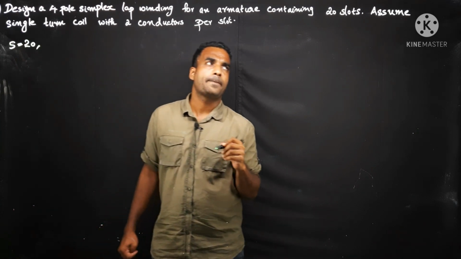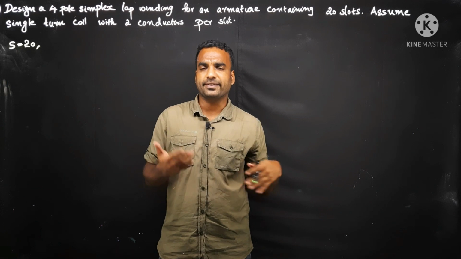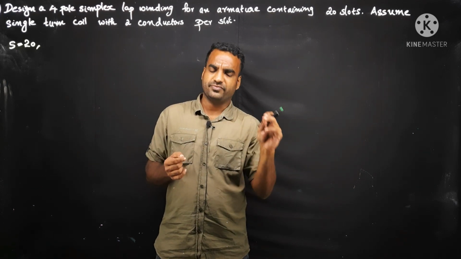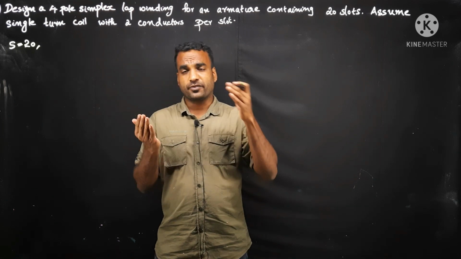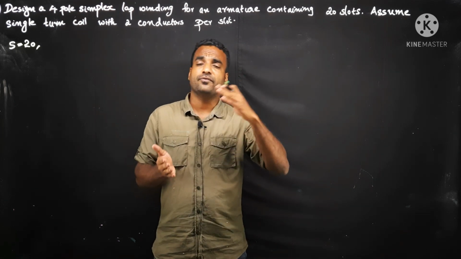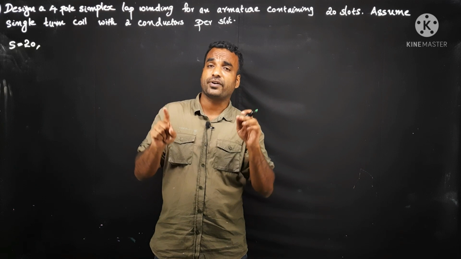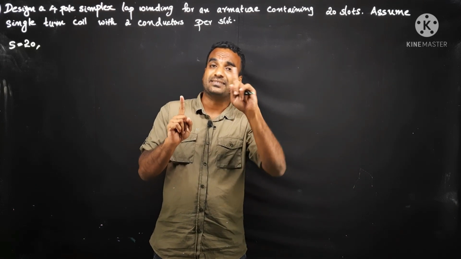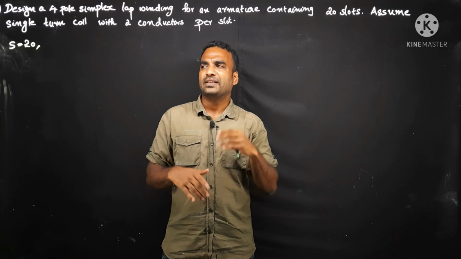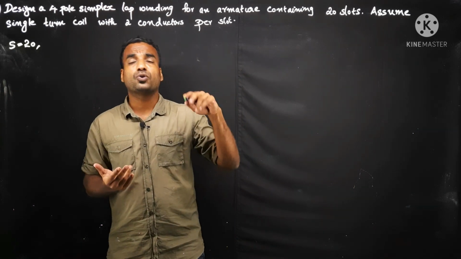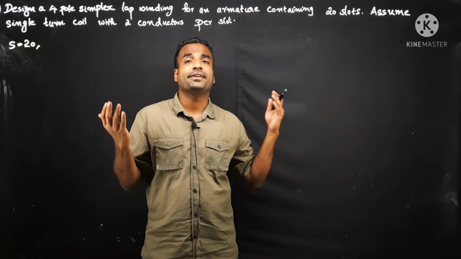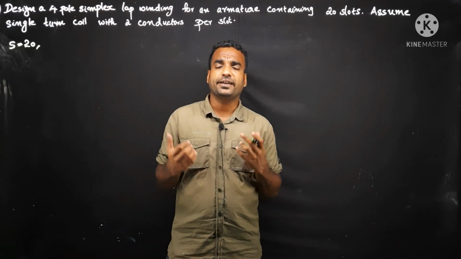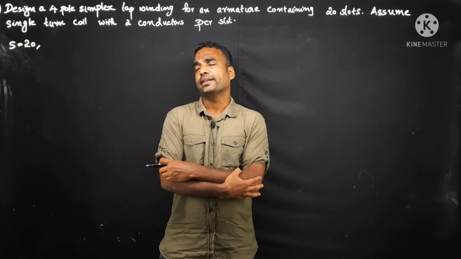We have to make the winding: how many conductors are required, how many coils we want to connect, from where we have to start, in which slot we have to place the first conductor, and where we have to place the finishing side of that coil. We want to draw the entire winding diagram, then only we can wind the machine. That is the importance of the winding diagram.